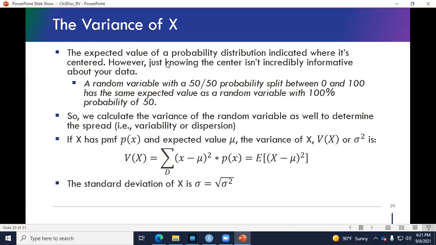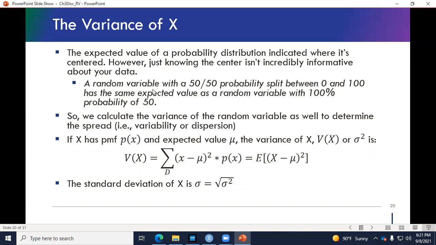But just knowing the center is not really that informative about a whole data set. We also want to know the ranges, how it varies from one value to another. So for example, a random variable with a 50-50% probability split between 0 and 100 would have the same expected value as a random variable with 100% probability of 50.